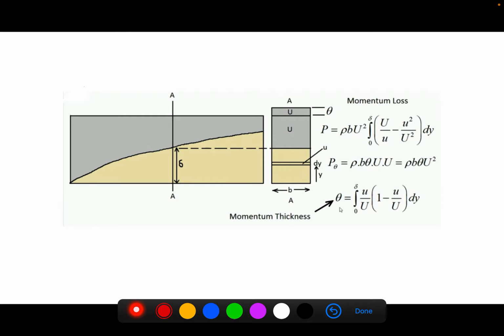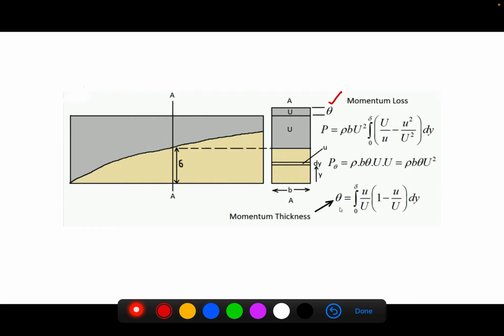So momentum loss happened, but that has to be added somewhere, then only the momentum becomes constant, no? So that is added somewhere by shifting the fluid layer by a thickness theta. What is the rate of change of momentum through this area?